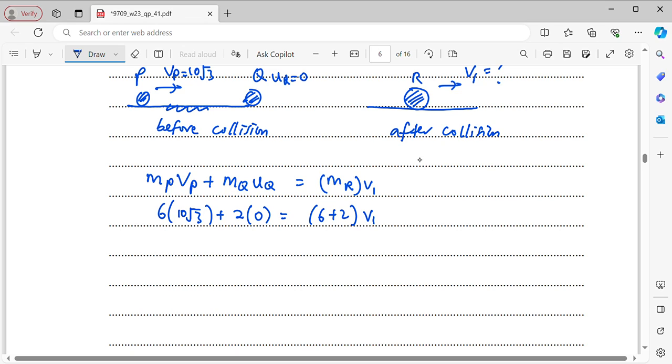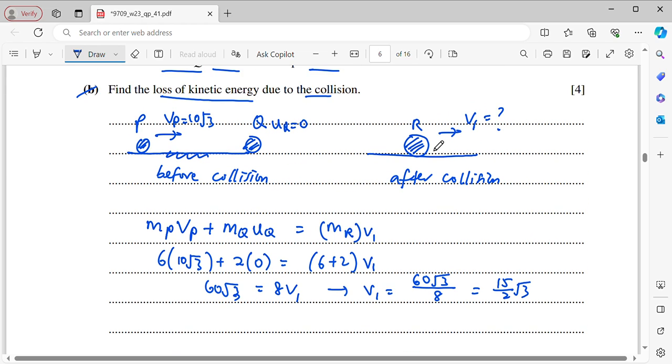Then from here, I will get 60 square root 3 equals 8 V1. Therefore, your V1 is 60 square root 3 over 8. That is 15 over 2 square root 3.